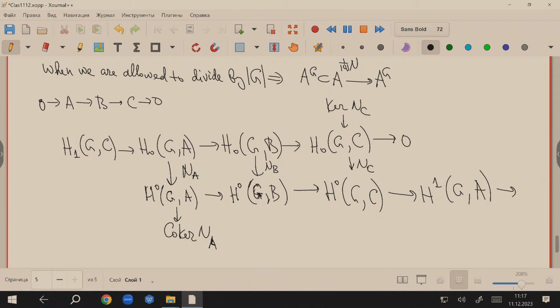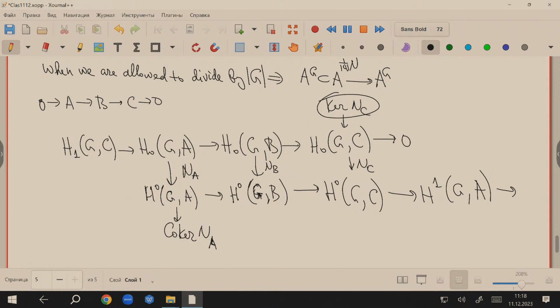And of course, you can apply the snake lemma. You can take this kernel and lift it here, look at the element, etc. Since it maps to zero, it will be the differential of the element here that you can map to the co-kernel.